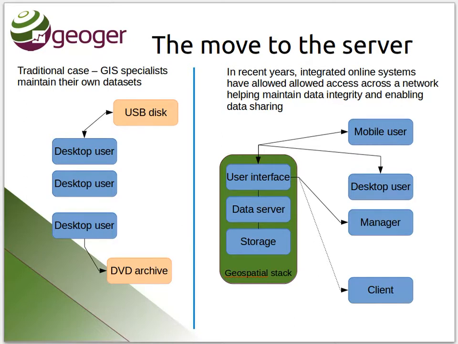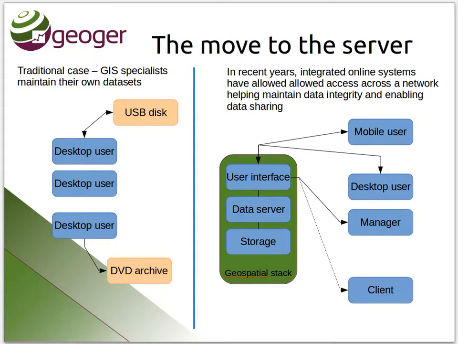In recent years, with all of the infrastructure that's going on behind the internet and the move towards cloud services, there's been more of an implementation of what people call the geospatial stack. So you have your storage and your interface on a server somewhere, and that serves information out to different people.